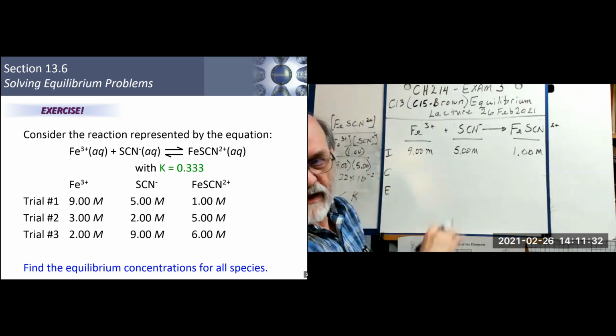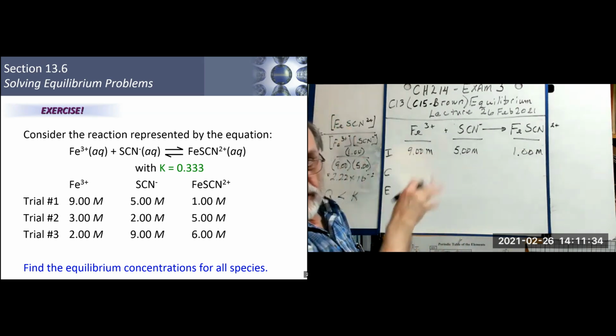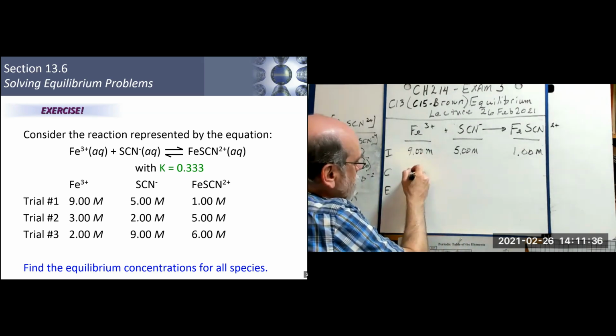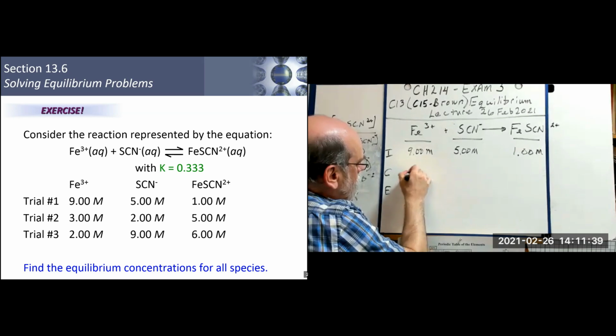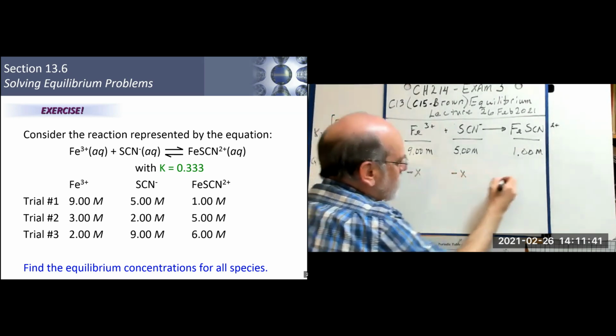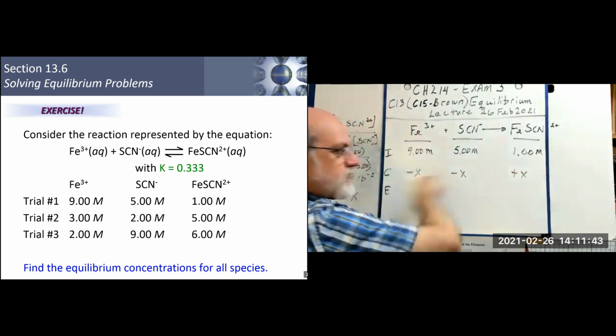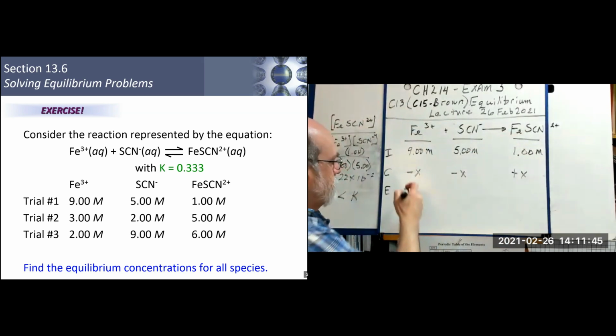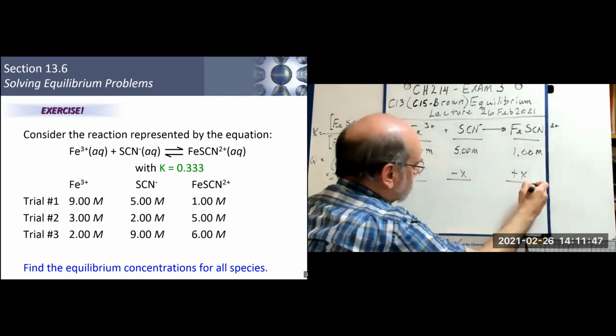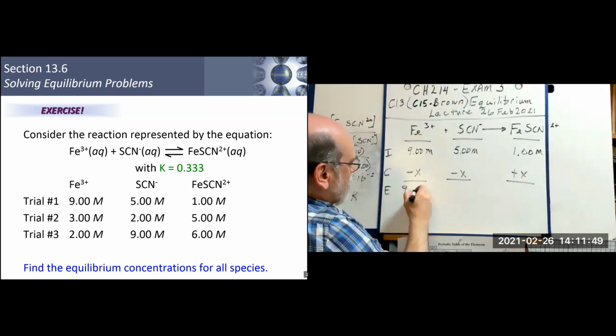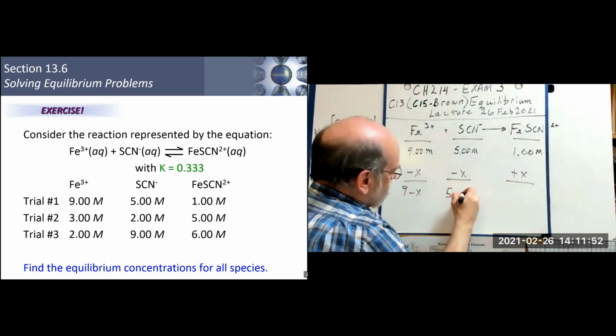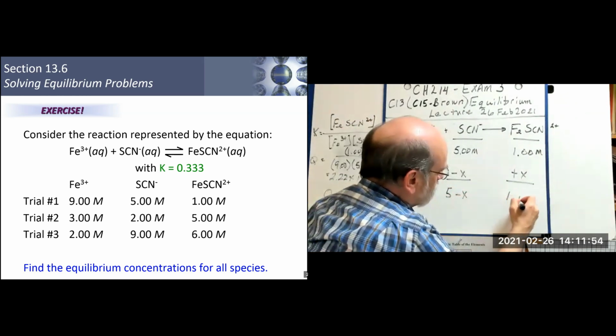Okay, so we can pick our X anywhere. We have to calculate the others based on it anyhow. So let's say we minus an X here, minus an X here, plus X over here, because it's moving that direction, correct? Now we have 9 minus X, 5 minus X, and 1 plus X.